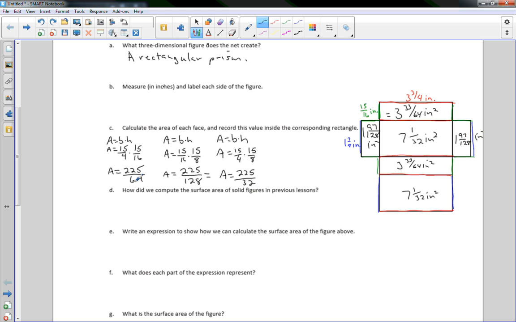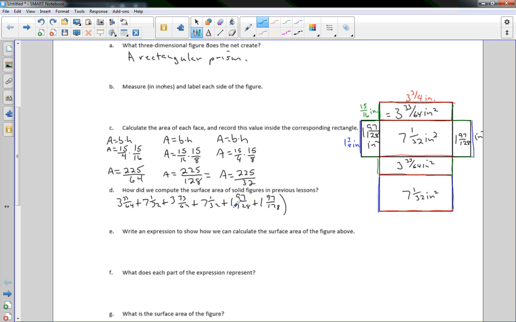There they are. D says, how did we compute the surface area of the solid figures in previous lessons? We found the area of each side and added them up. Okay, so the computation would be 3 and 33 over 64 plus 7 and 1/32 plus 3 and 33 over 64 plus 7 and 1/32 plus 1 and 97 over 128 plus 1 and 97 over 128.